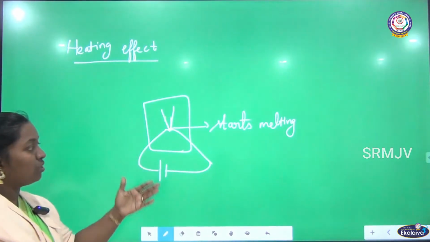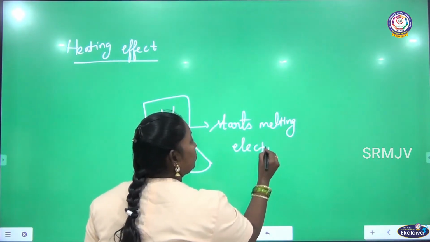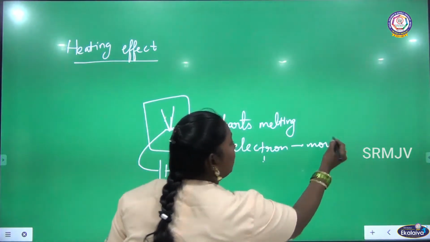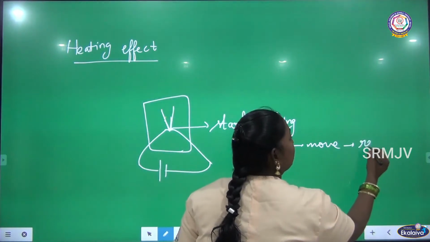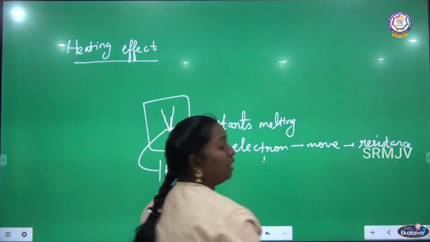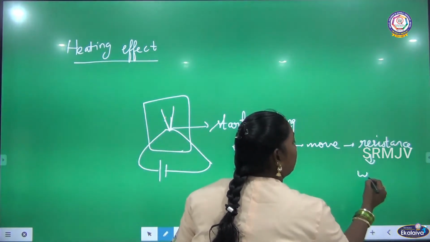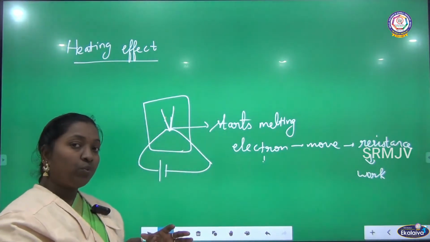What is happening due to that? When the electron has to move in the wire, it offers some resistance. Apart from the resistance, work has to be done. What is the work that is taking place here?